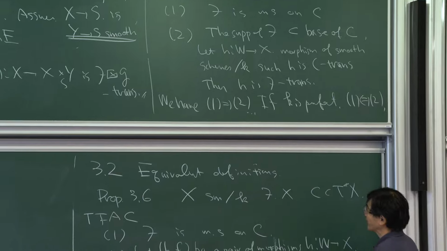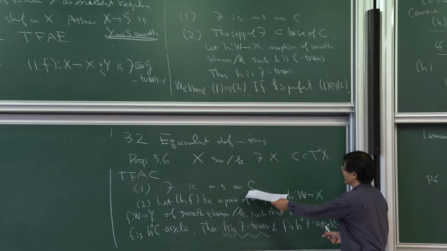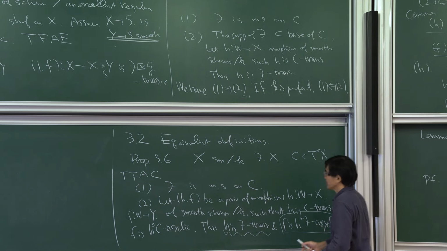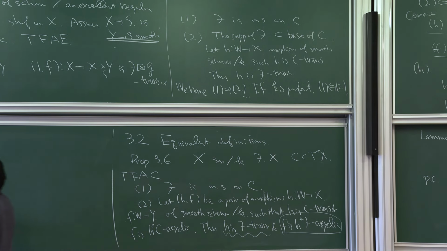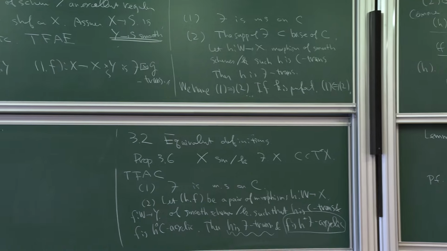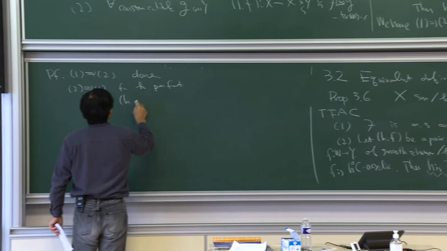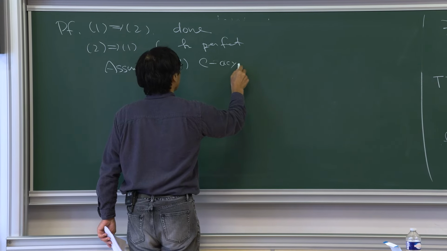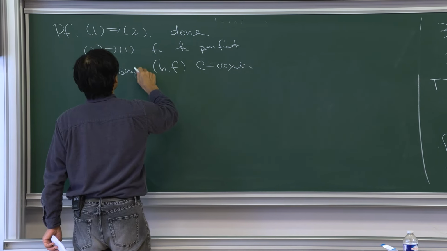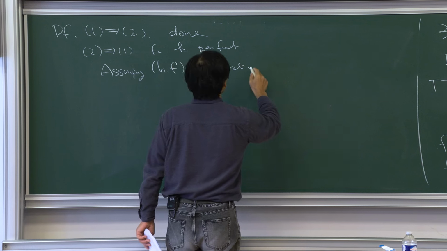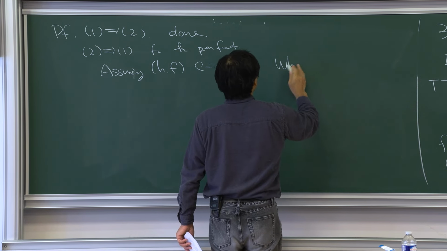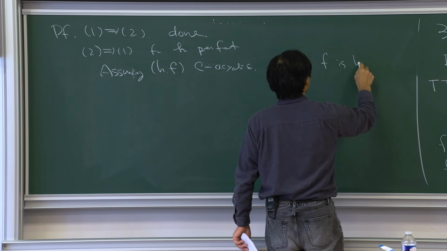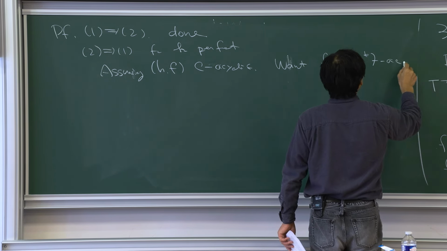The transversality part was not included in the definition of microsupport, so we need to show this. Assume H is C-acyclic, and then we want to prove that the second morphism is H-acyclic.